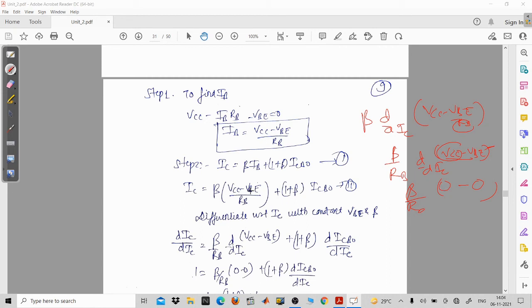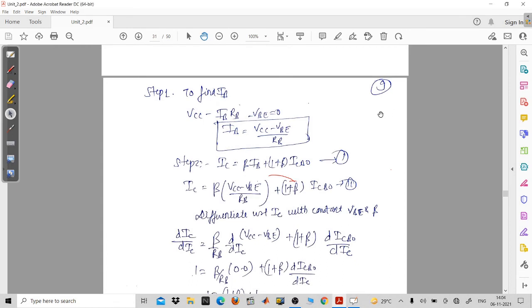So now coming to here, 1 plus beta will be coming out because 1 is a constant, beta is also constant. So this will be DICBO upon DIC. Now if you do some mathematics, then you are going to get the equation. Now what is DICBO upon DIC?